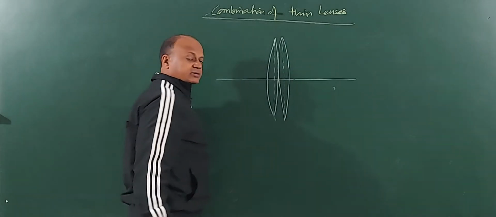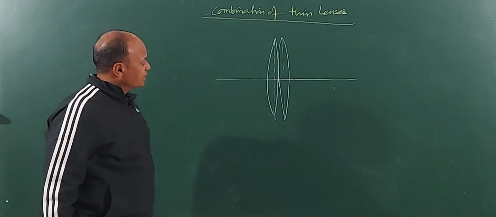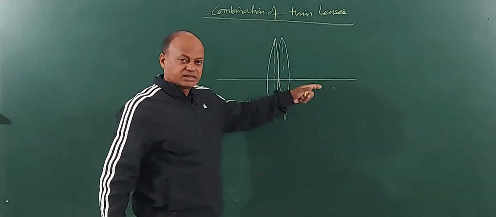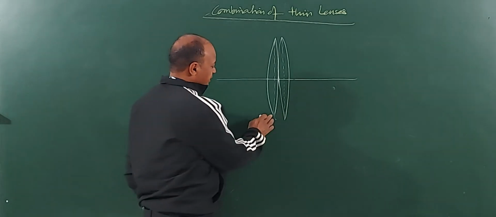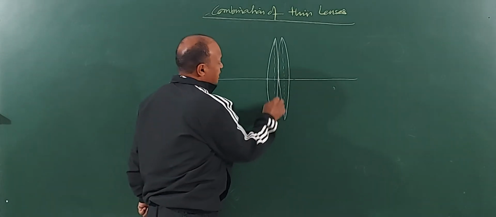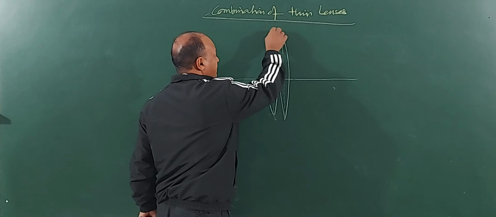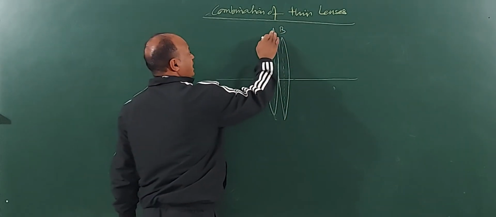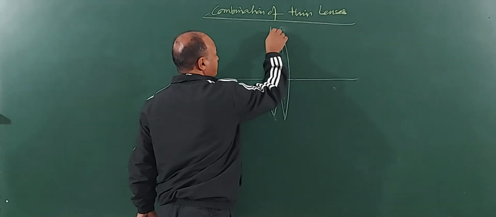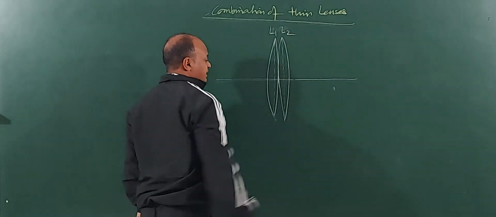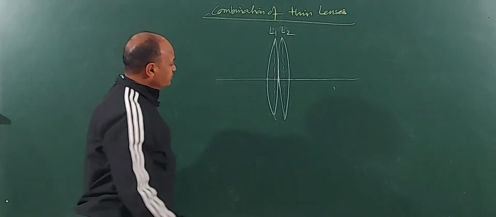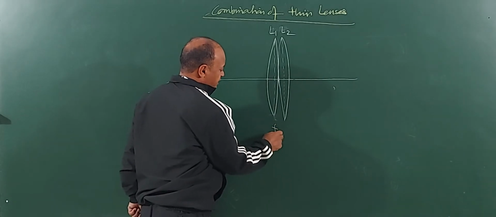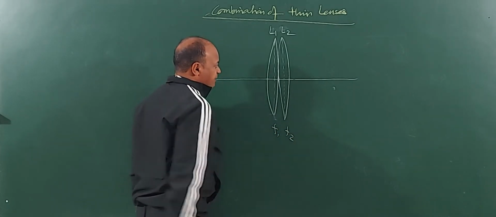They are in contact and they have been placed coaxially. And I'll assume here, suppose this is lens A, this is lens B, or we can write L1 and L2, that will be better. First lens, second lens. And I'll assume that the focal lengths are f1 and f2 respectively.